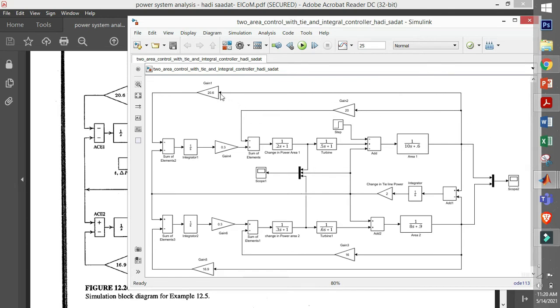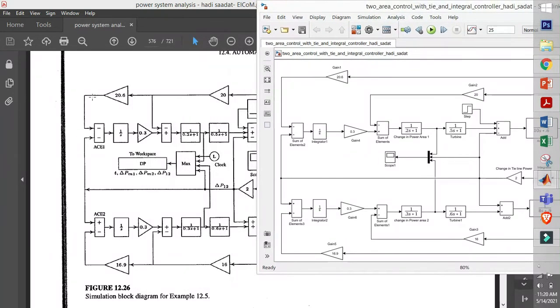At this point I directly connected this 20.6, but in their model they connected this 20.6 line at this point. So you need not do this, this is the only correct model.